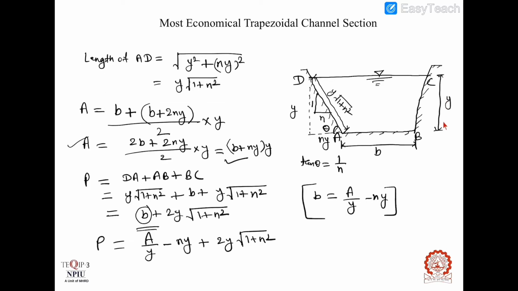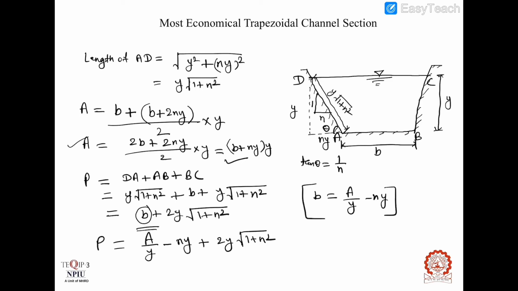Okay, we have to maintain the minimum perimeter by varying the depth of flow. So how can we achieve that? We have to differentiate the perimeter with respect to depth of flow, and equate it with 0. Clear?